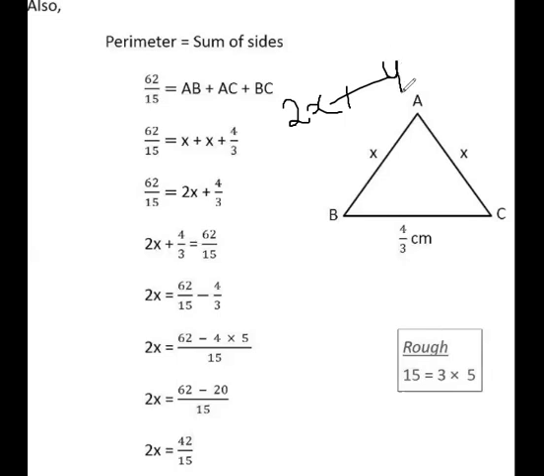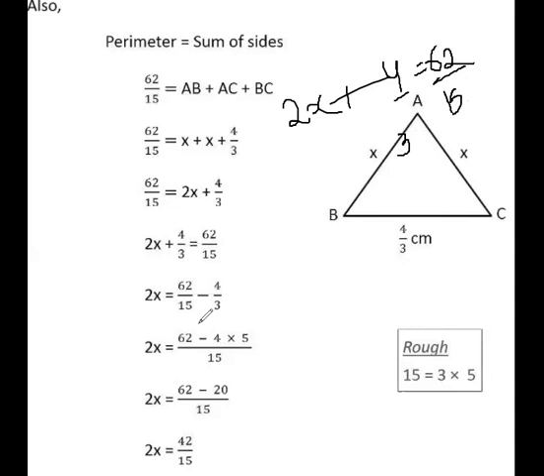So you can write here 4 upon 3. Moving forward we have 62 upon 15, which is the perimeter. So in this equation's RHS we have 62 upon 15. So we have an LHS, we have an RHS. What to do? We'll just simply solve it.